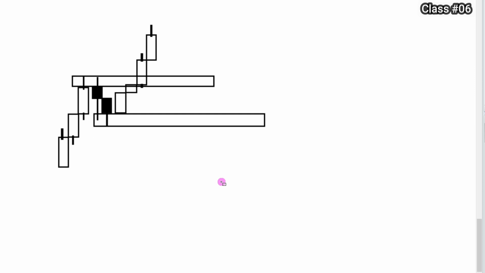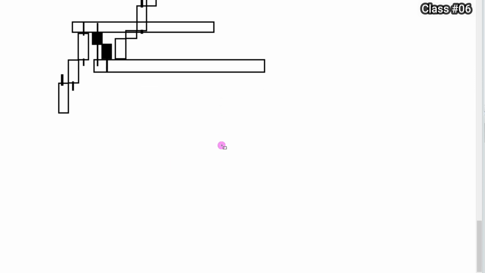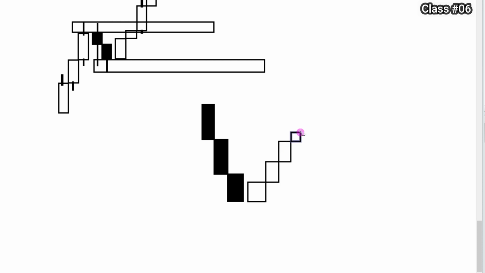So how can we draw zones in a downtrend? So let's suppose we are in a downtrend, this is a retracement, and this is the next low point, the peak of this candle.